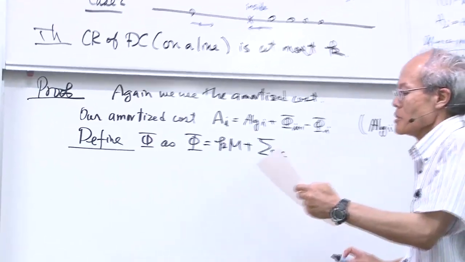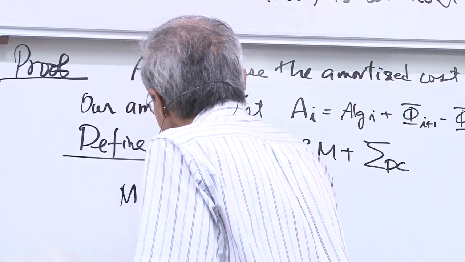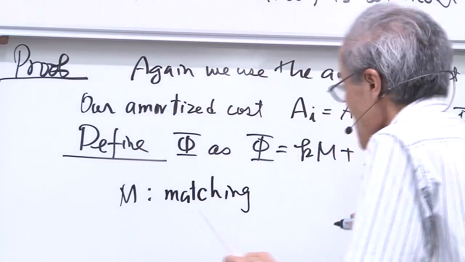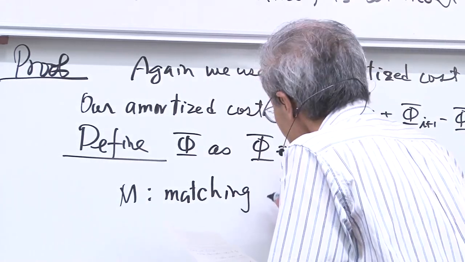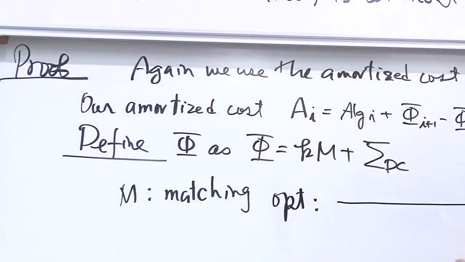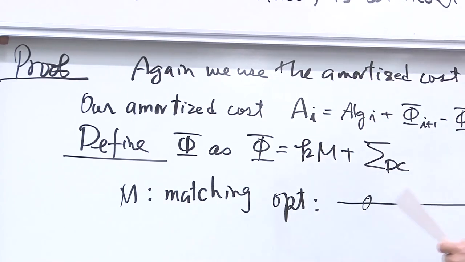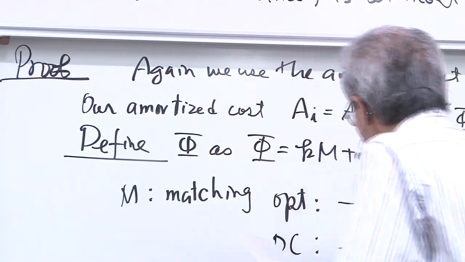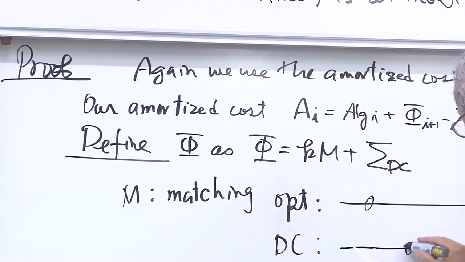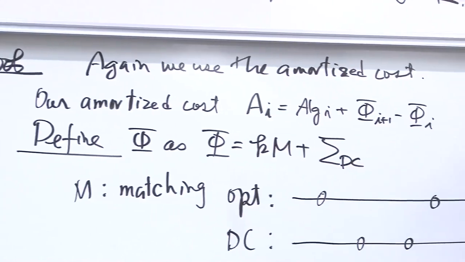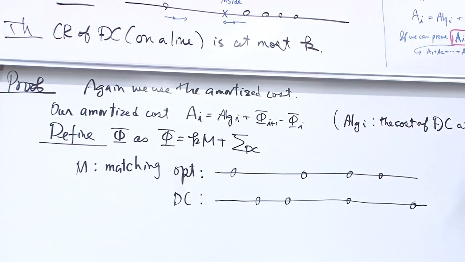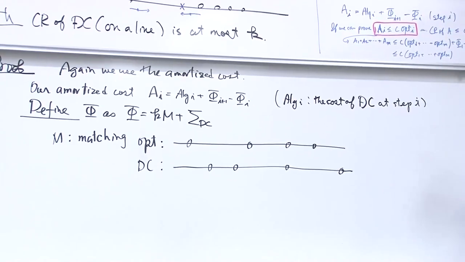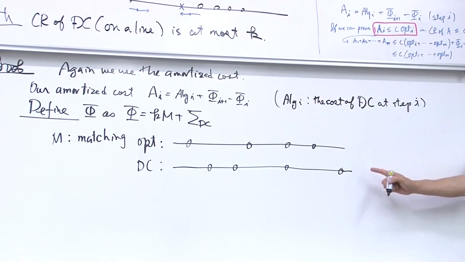Here, M is a matching. Meaning, suppose that this is a distribution of the servers for opt, and this is a distribution of DC.